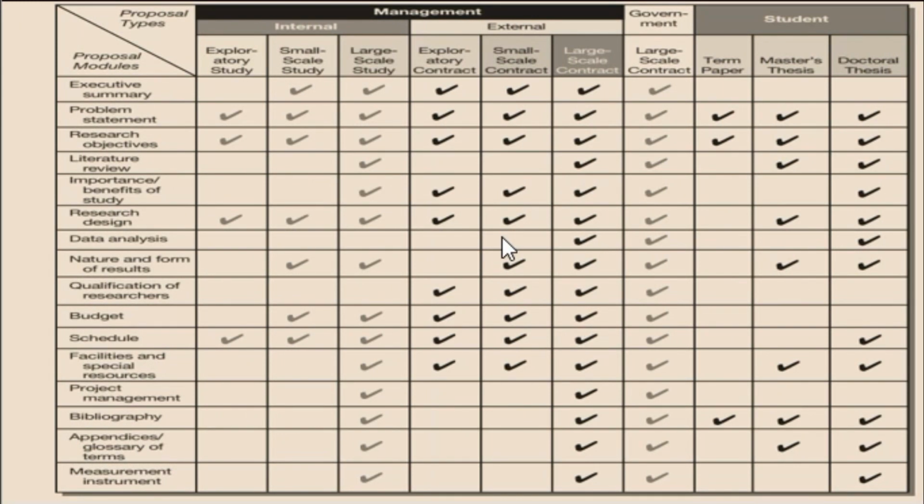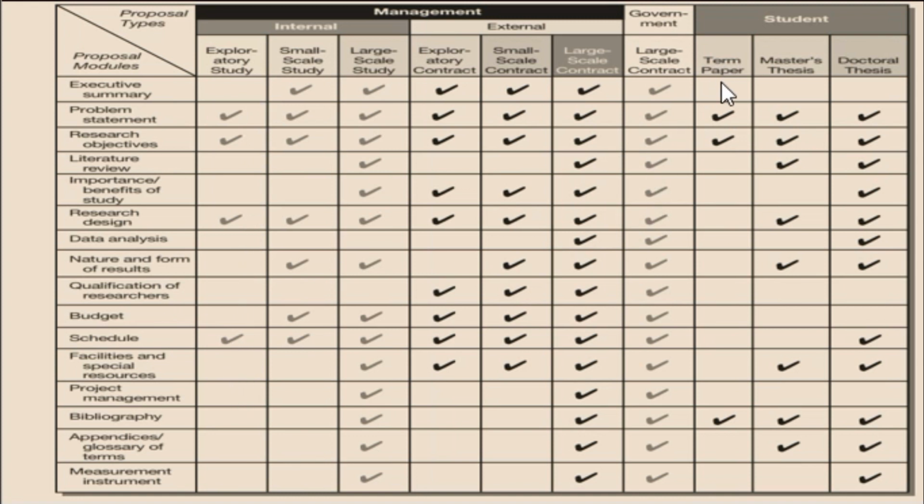As you can see, not all the research proposals have these components as we have discussed before. Some are simpler, such as an exploratory study. We are researching upon a topic that we do not know much about. We can have a problem statement in the proposal, the research objectives, research design, and the schedule. That's a very simple approach.